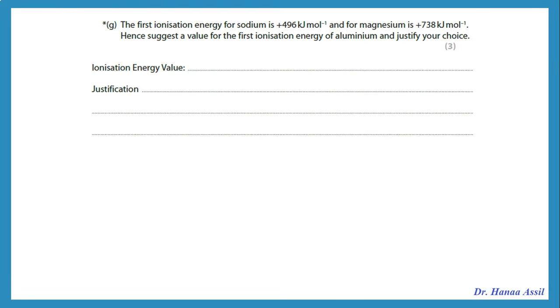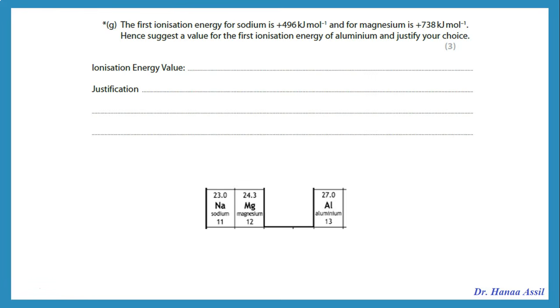We said going from sodium to magnesium, it increases. Now, going to aluminium, you would expect it to be lower. We said the electron in the magnesium is removed from a 3s. Now, going into aluminium, we are going to remove an electron from a p orbital which has higher energy.